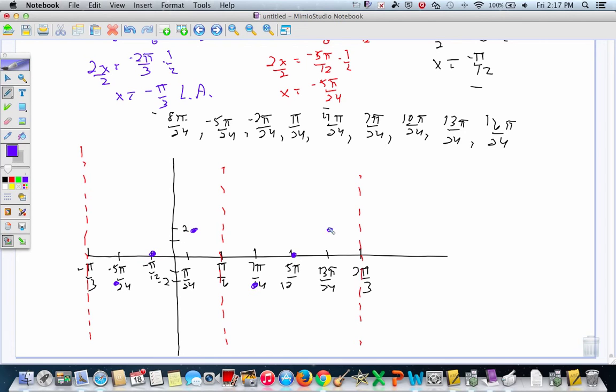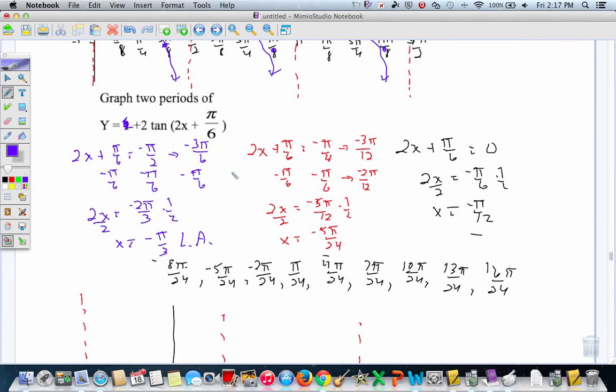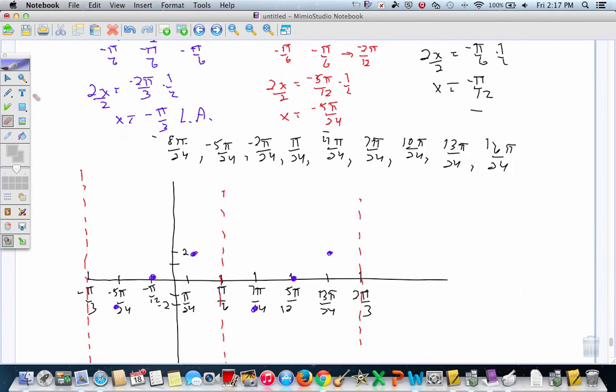So I go, tangent goes up from left to right, so here, here, and here, and then 3 more for our next period. That's when we'll bring that vertical translation back into play. We're adding 1, so we're going to move each of those points up by 1 unit.